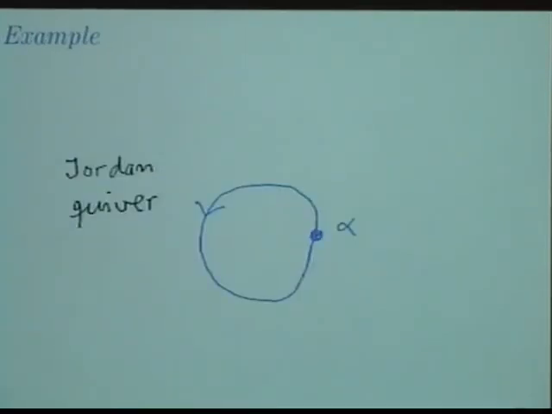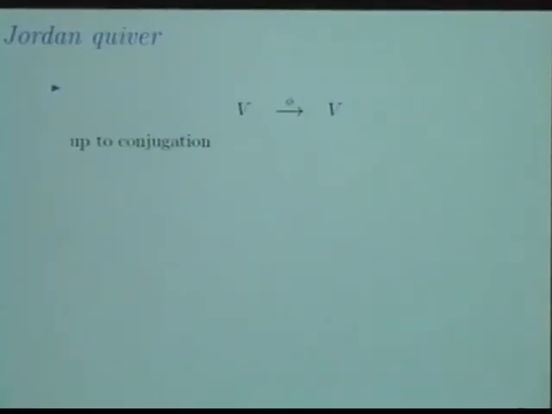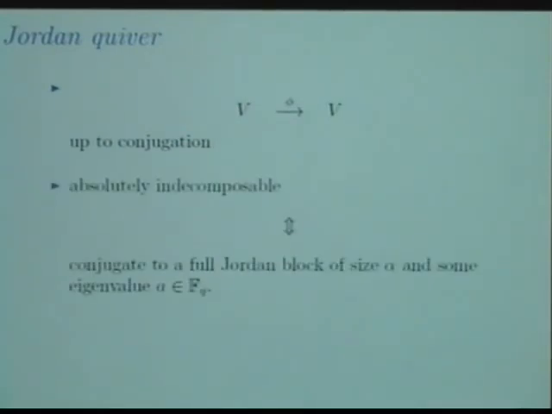So let me give you a very simple example, but I think it's illuminating. Take the Jordan quiver, and you'll see why it's called the Jordan quiver in just a second. So simply one node and one loop. Here alpha is simply a number, which is the dimension of the vector space. So what is a representation of this quiver? It's simply a map from a vector space of dimension alpha to itself. And isomorphism classes of such things are simply maps of this sort up to conjugation. And we know how that works. We can analyze them by means of the Jordan decomposition theorem.